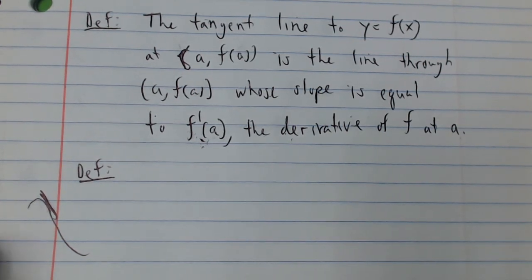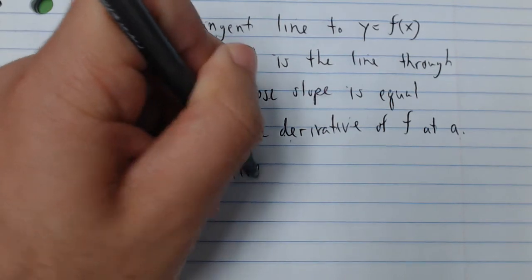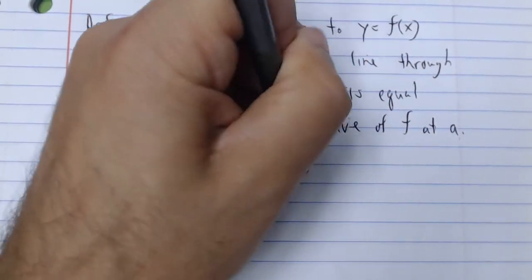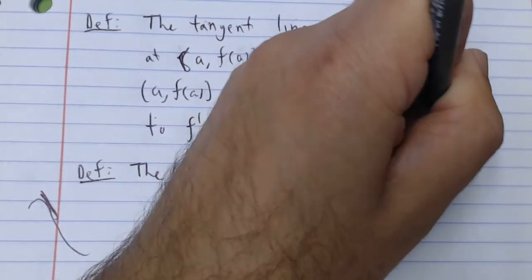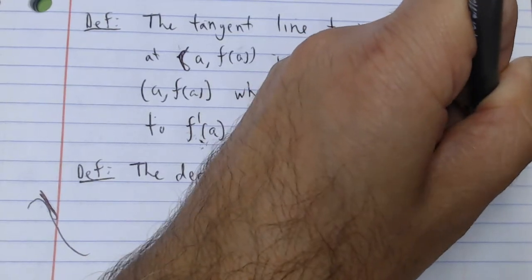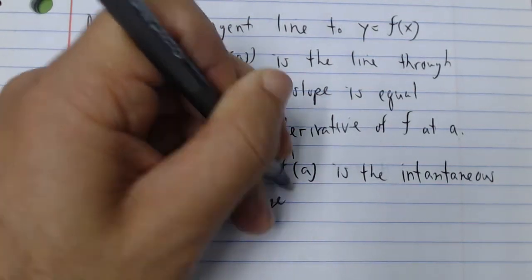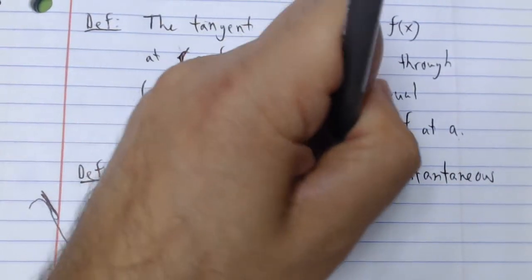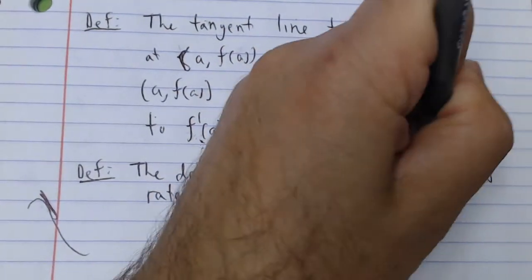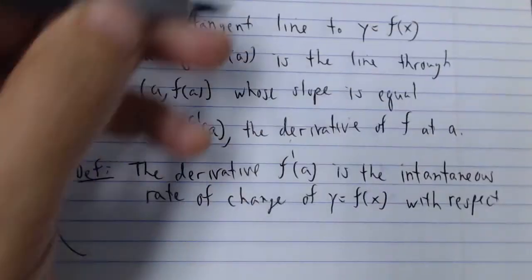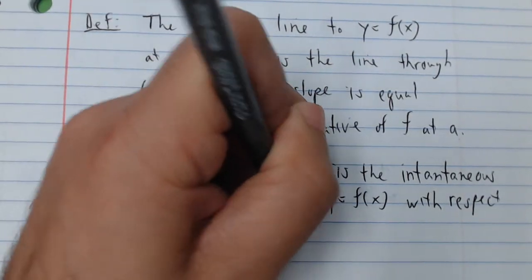So by definition, what we know is the derivative f prime of a is the instantaneous rate of change of y equals f of x with respect to x when x equals a.